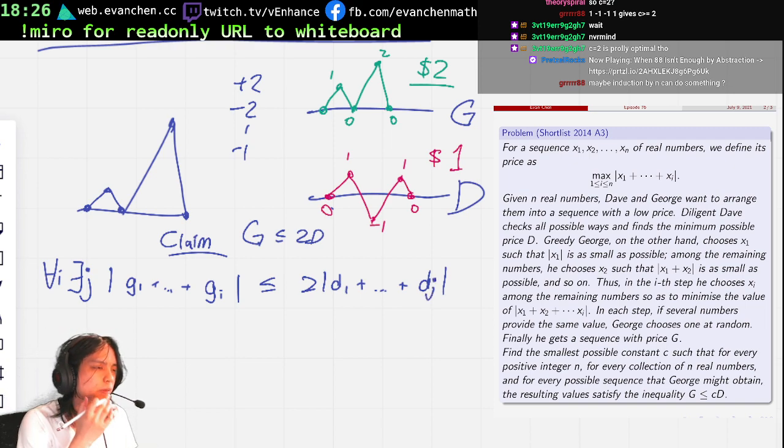I mean, okay, that's equivalent to the problem. Induction on n. Oh, I feel like I don't really like this.